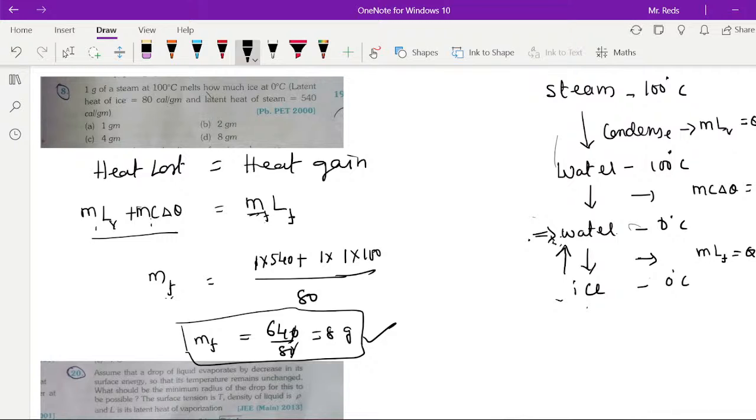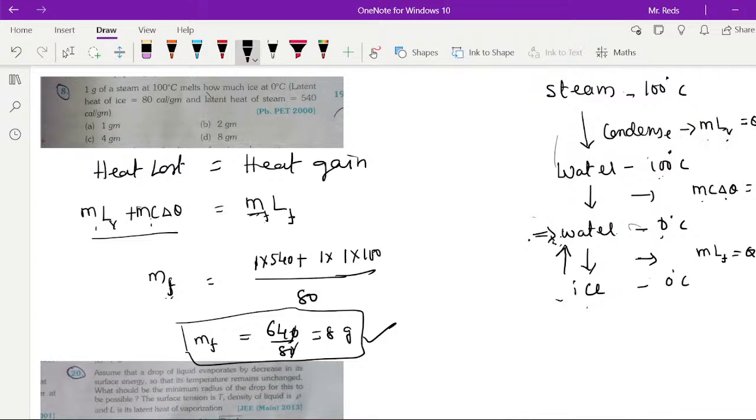In this process, when the steam at 100 degrees Celsius is converting into water at 100 degrees Celsius, change of state takes place, no change of temperature, only the entire heat liberated is used for change of state. But when the water at 100 degrees Celsius is converting into water at 0 degrees Celsius, the temperature changes, no change of state. So the heat liberated is given as mc delta theta. During change of state, heat liberated is taken as ml.